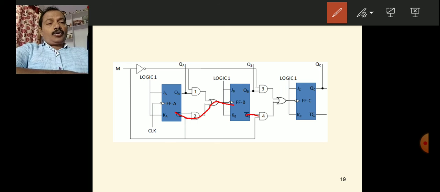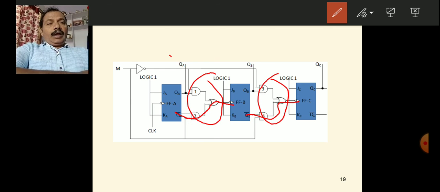That means it is for the purpose of down counting. Okay, so this gate circuitry and this control signal facilitate us to configure this counter as up or down.